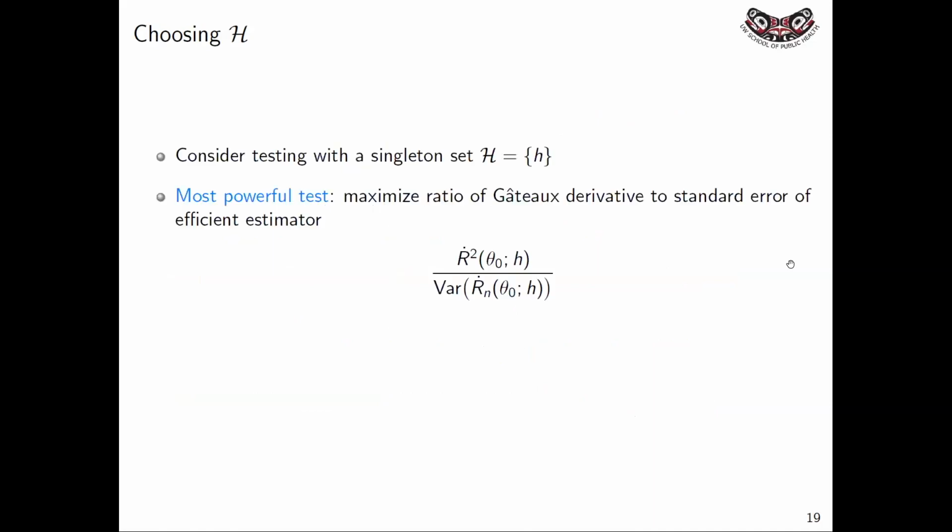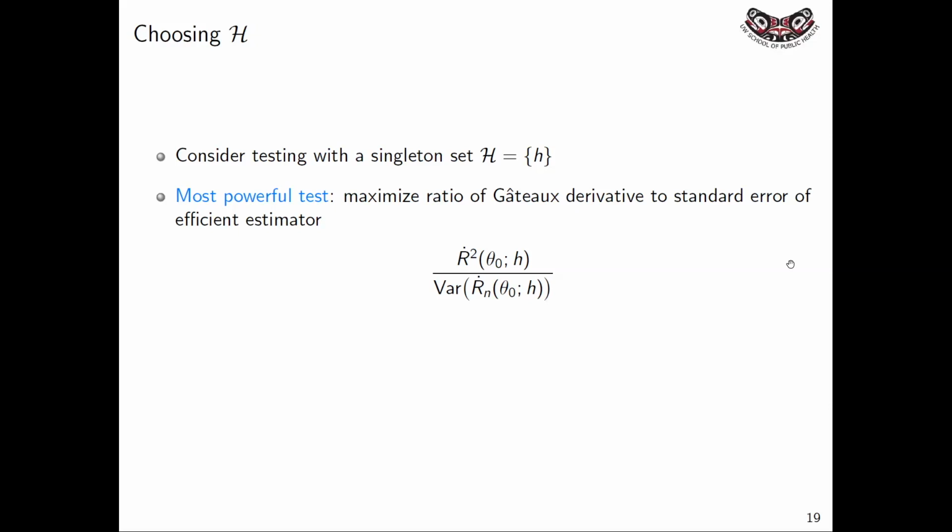Now, how do we choose h first? Again, we go back and think about a single h, a single direction h. Turns out for a single direction h, the most powerful test that we can get is the one that maximizes the ratio of the Gateaux derivative over the variance at theta naught.